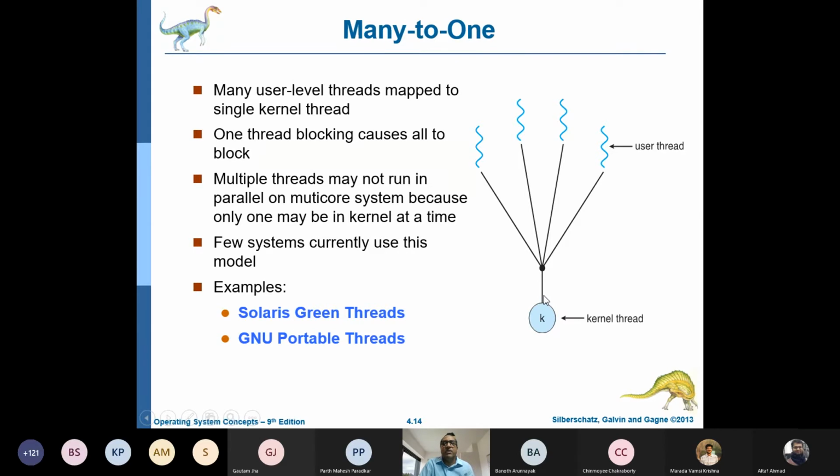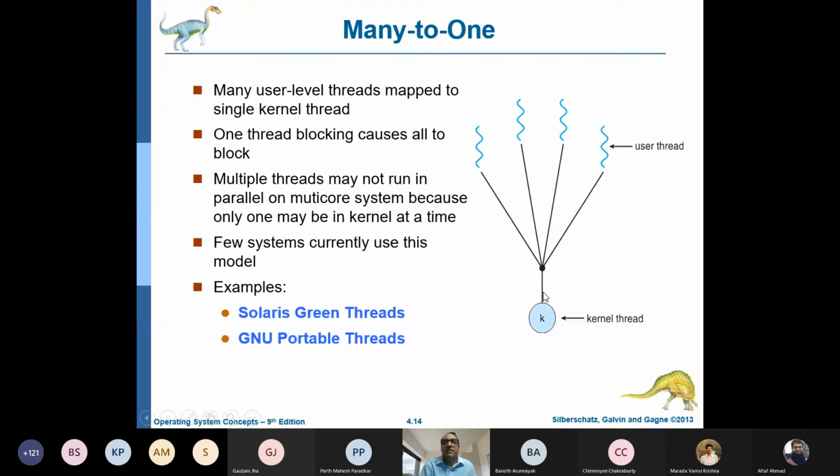But the kernel has only one thread of control, so if that system call is a blocking one, the kernel thread will be blocked. That means the entire process will be blocked. Even though there are multiple threads, the whole system is blocked because the kernel runs on a single thread, and the user thread is calling a blocking system call that requires IO, so it has to wait for IO.